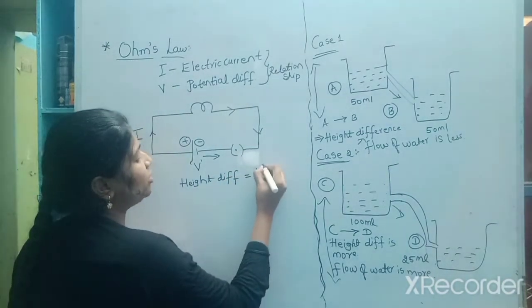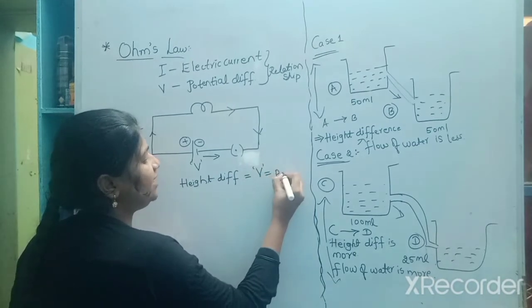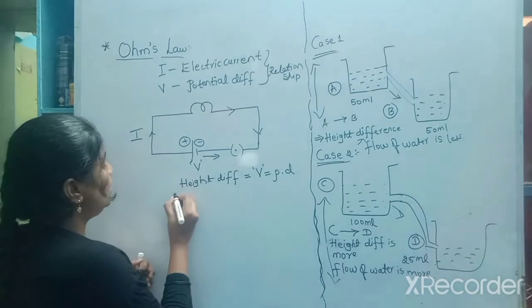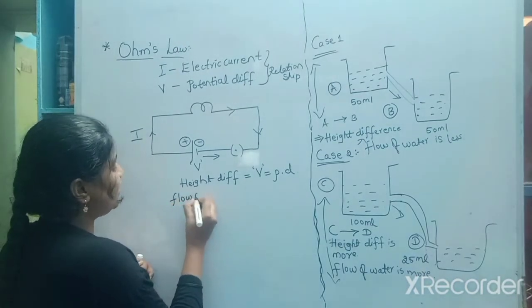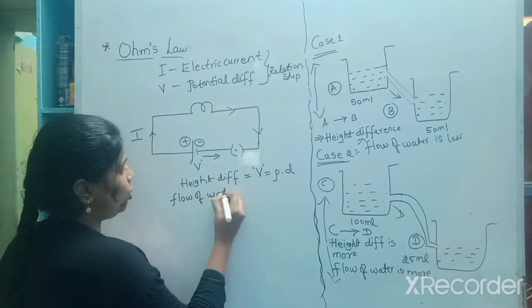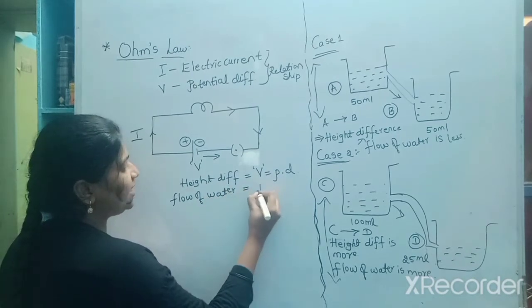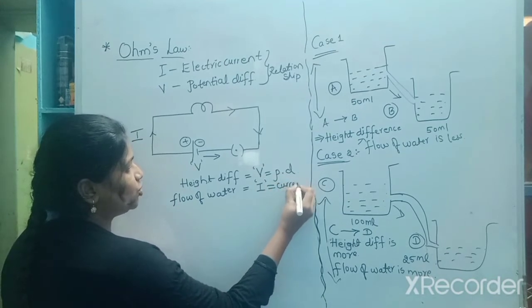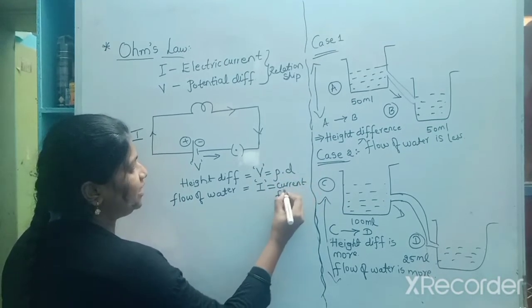I am taking height difference as potential difference V. Now the flow of water I am taking as I, that is current, so it is the flow of current.